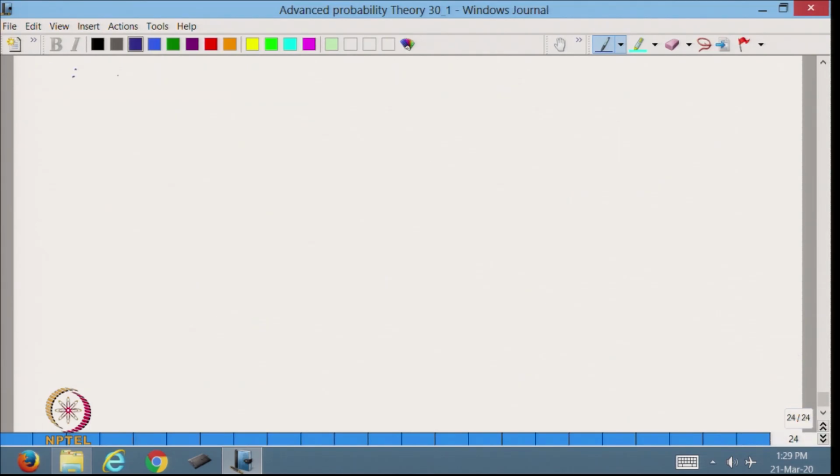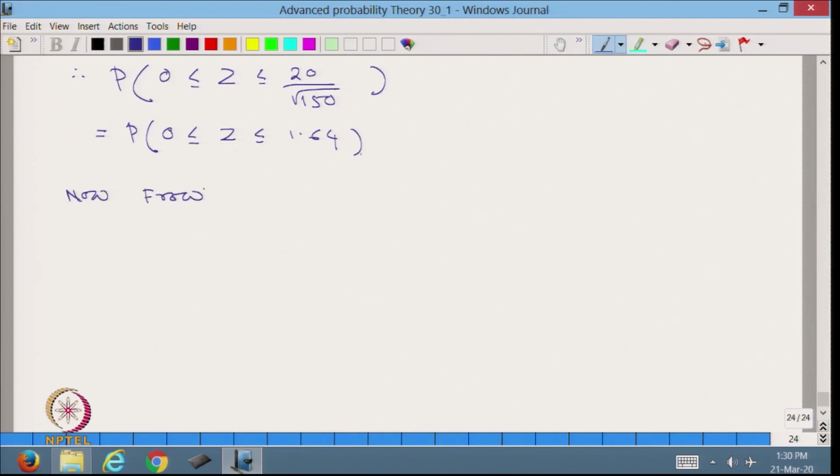Therefore, we are looking at the probability 0 less than or equal to Z less than or equal to 20 upon root over 150, which is equal to the probability 0 less than or equal to Z less than or equal to 1.64.